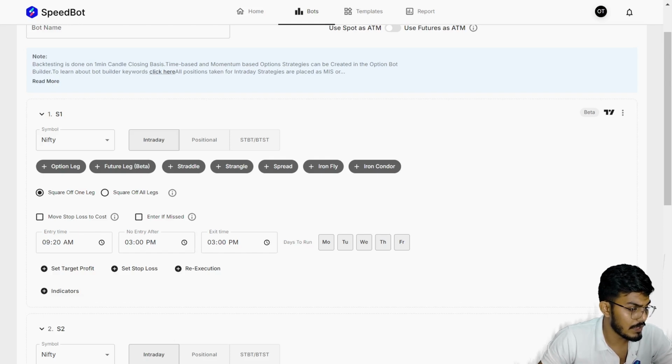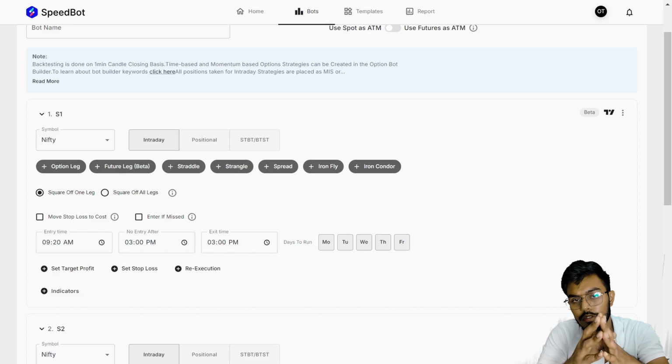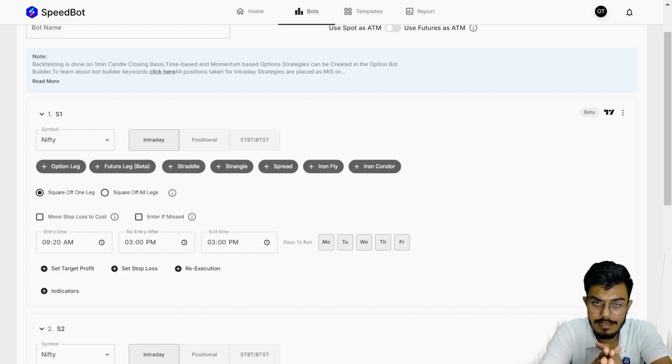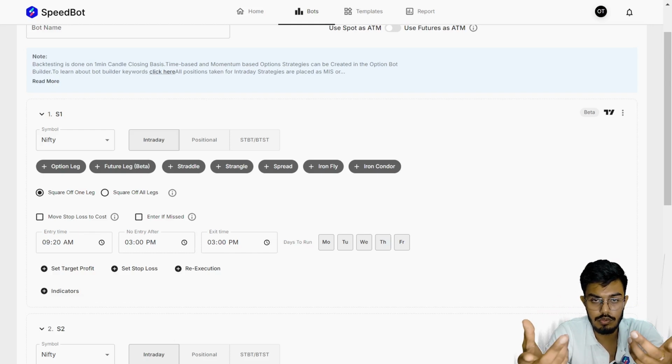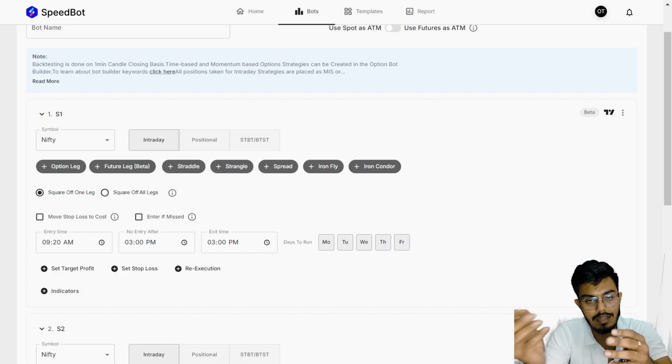So Mr. Satish has this question: what are the pricing plans of SpeedBot? So on SpeedBot we have two types of plans as of now. One is the wallet based plan, that is whatever money that you add in your wallet, based on that the charges that you use, that is the capabilities that you use on our platform, your wallet will deduct the money automatically.